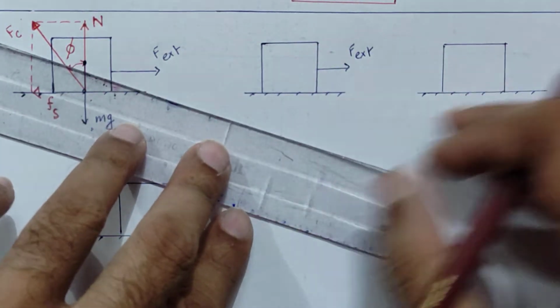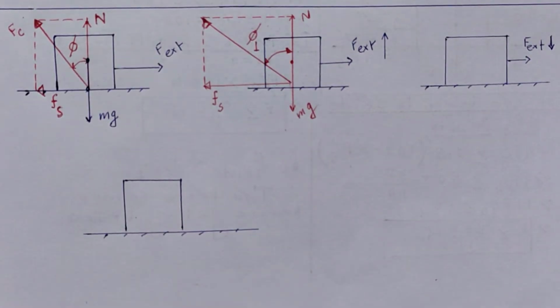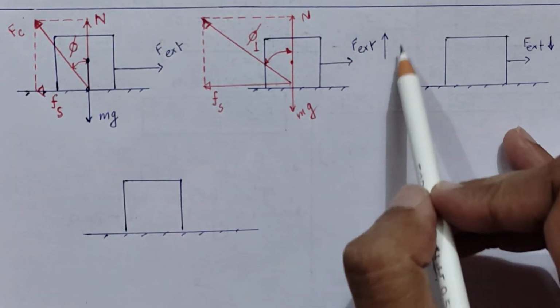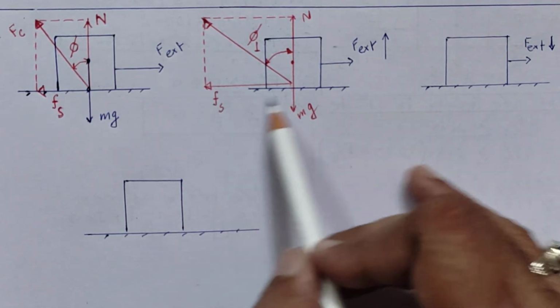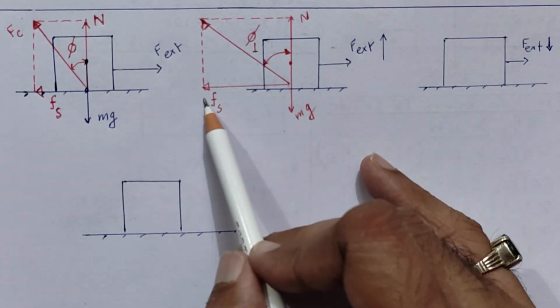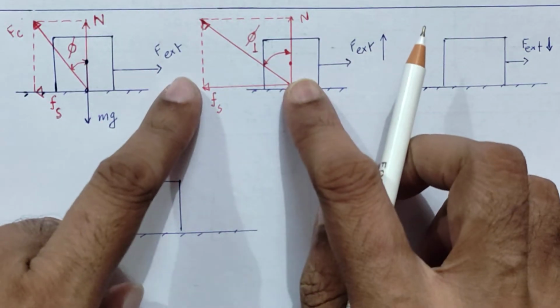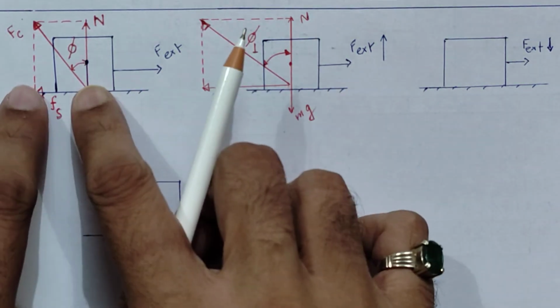So if we increase this external force, then automatically, as static friction is self-adjusting in nature, the force of static friction increases as well. You see, this is a longer arrow in comparison to this one.